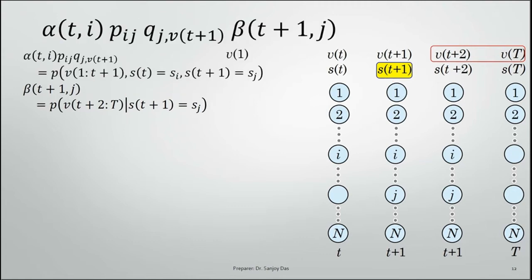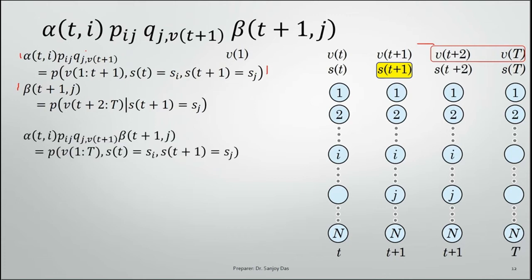What if I multiply what we saw earlier, alpha t(i) Pij Qj(Vt+1), and graphically I've shown it here, and that's this probability here. And I multiply this with beta t+1(j). What do I get? First, when I multiply it, I'm taking these conditions into account.